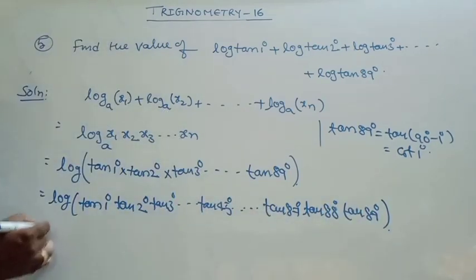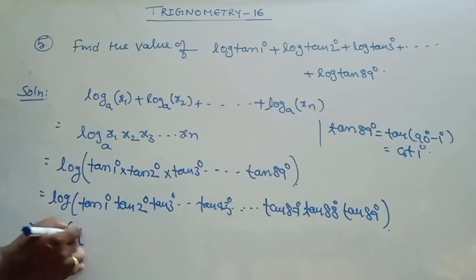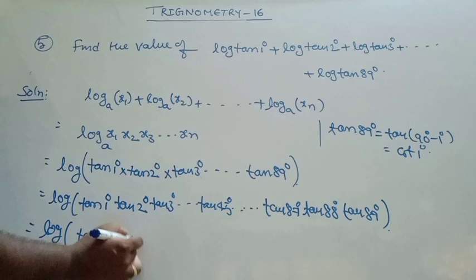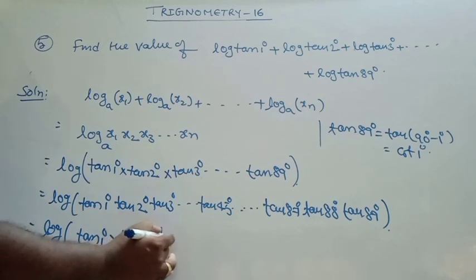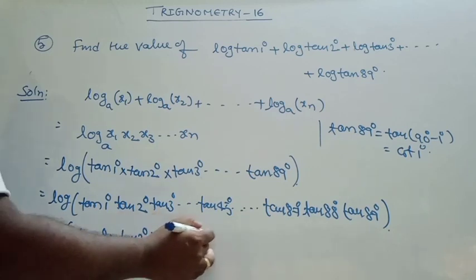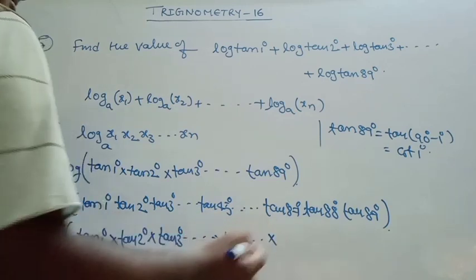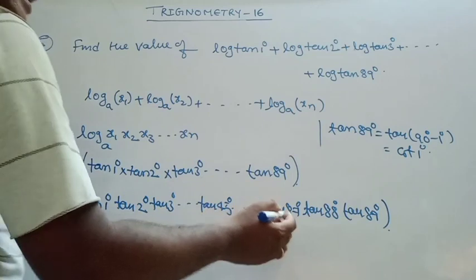And this becomes log of tan 1 degree into tan 2 degrees into tan 3 degrees, and so on up to tan 45 degrees, whose value is 1, into here also tan 87 degrees.